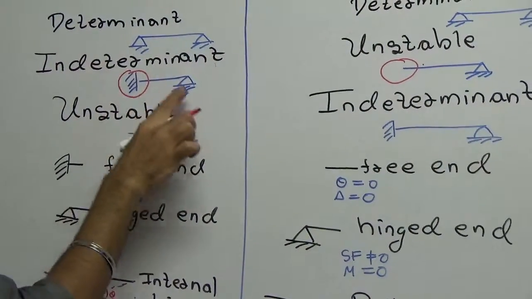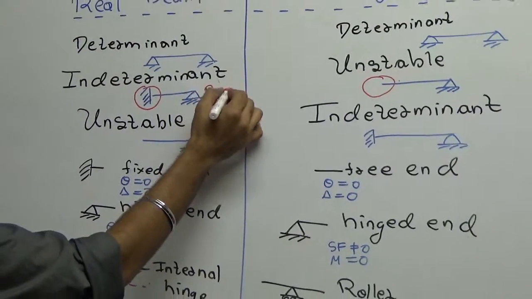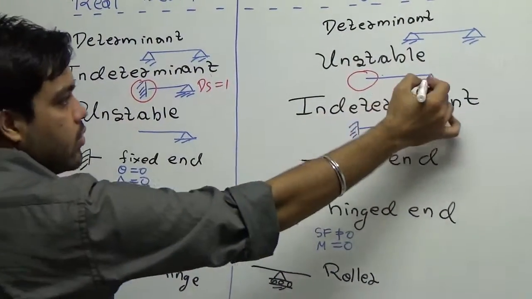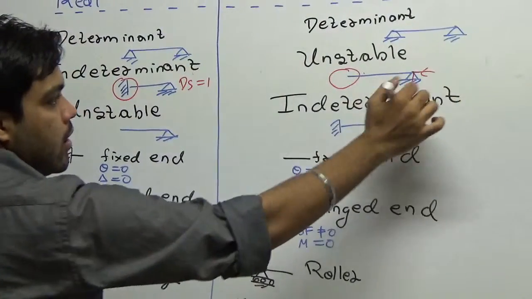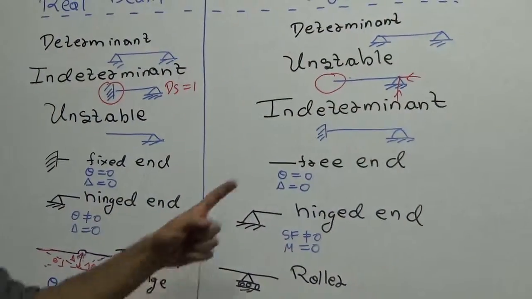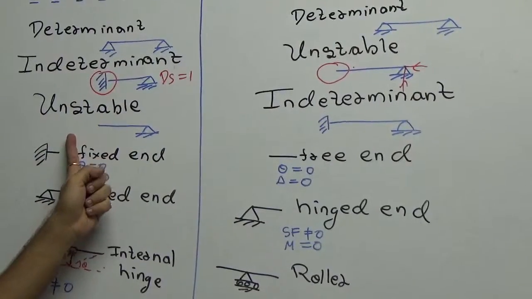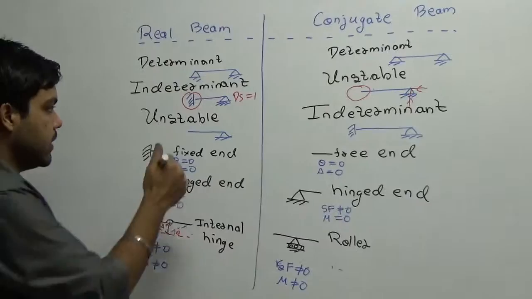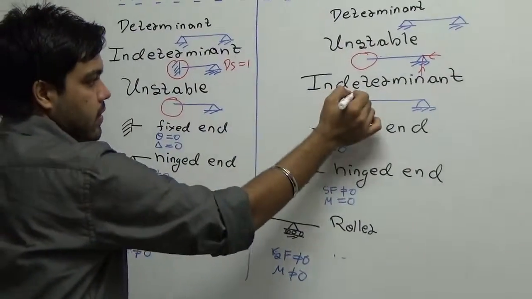Since this is an indeterminate beam with DS equal to 1, this becomes unstable. You see, there is only one reaction over here and one reaction like this, so that is an unstable beam. An unstable main beam will become an indeterminate beam in the conjugate beam, because a free end becomes a fixed end.